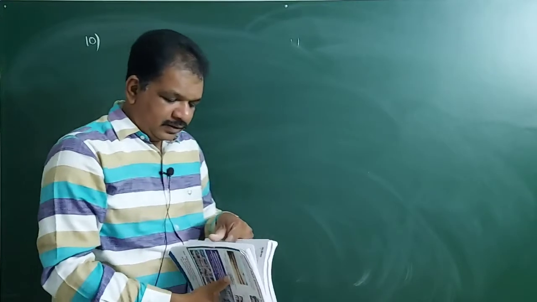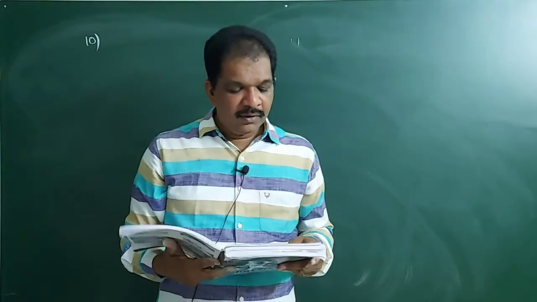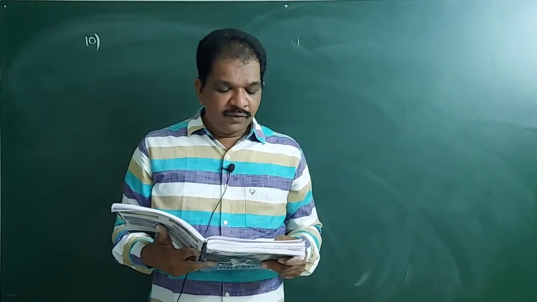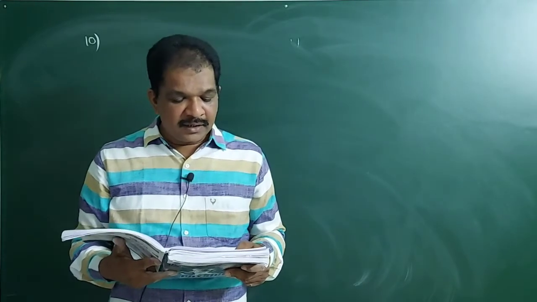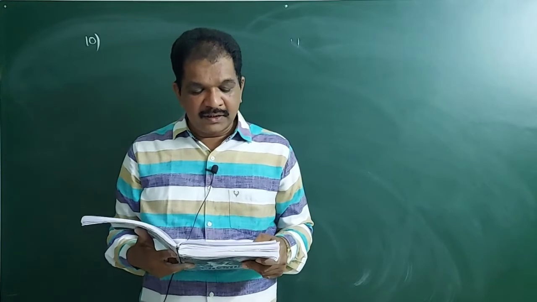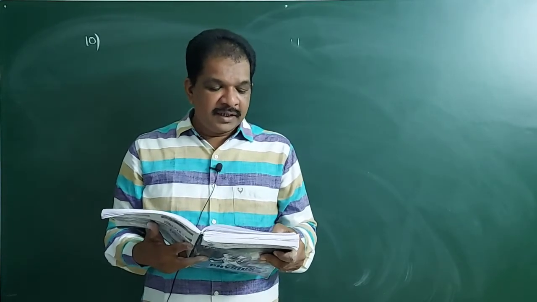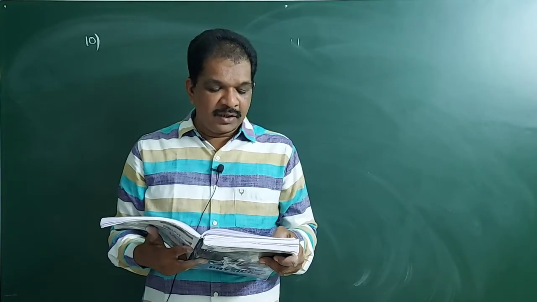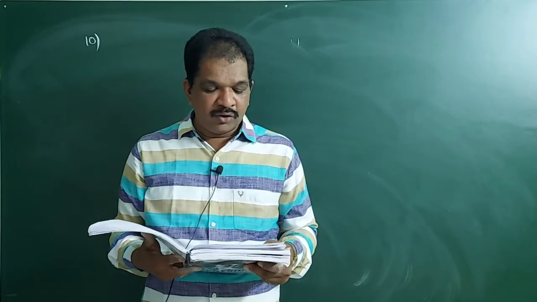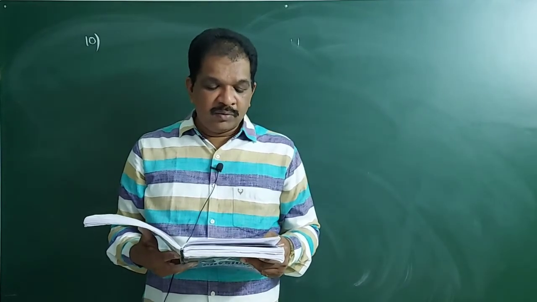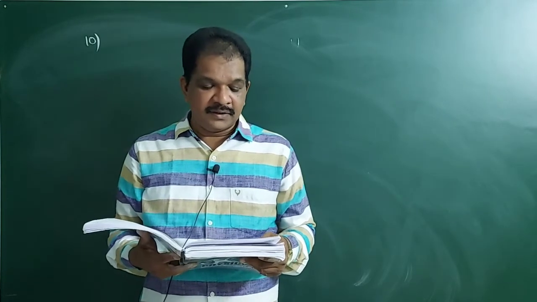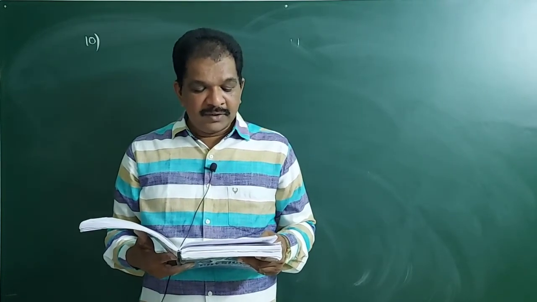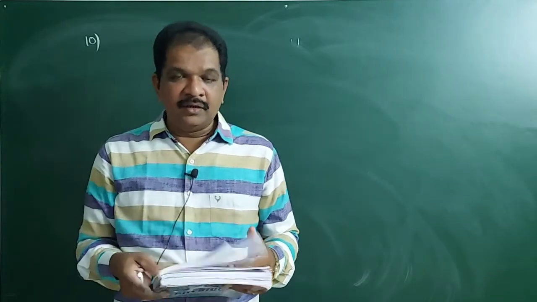What they are asking. 1 mole of O2 gas is heated at constant pressure starting at 27 degrees centigrade. How much energy must be added to the gas to double its volume? To double the volume at constant pressure, how much heat energy should be added?